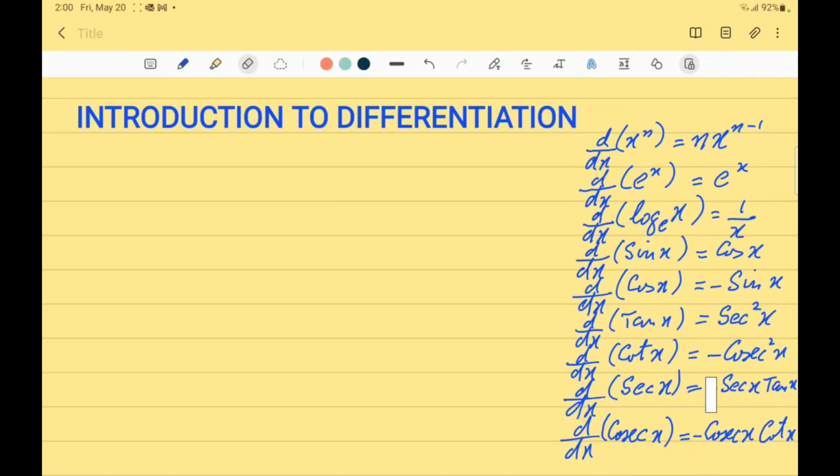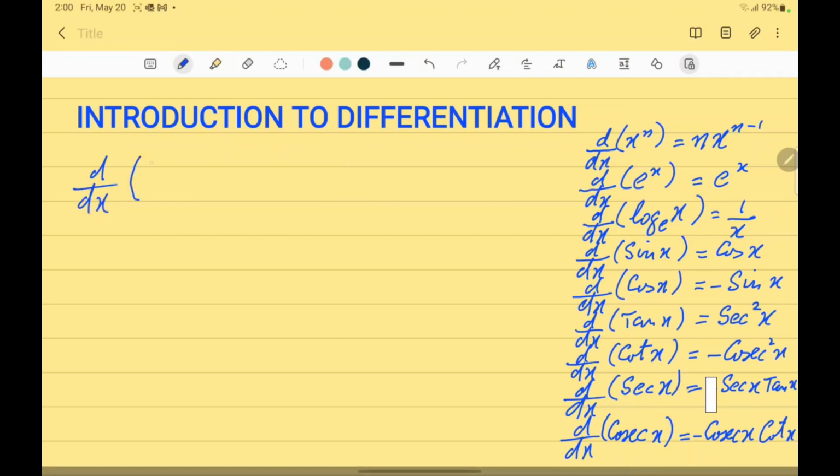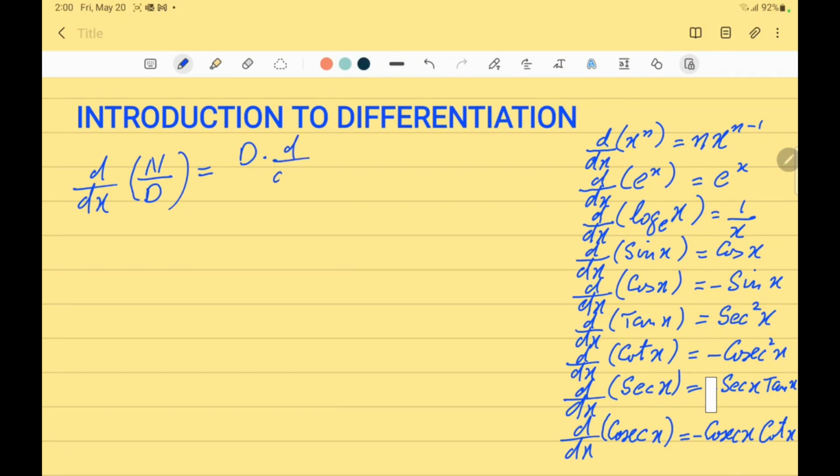So our formula in this case is d by dx of numerator over denominator is equal to d multiplied by differential of n minus n into differential of d, over d square. Okay, let us explain this formula with the help of some examples.